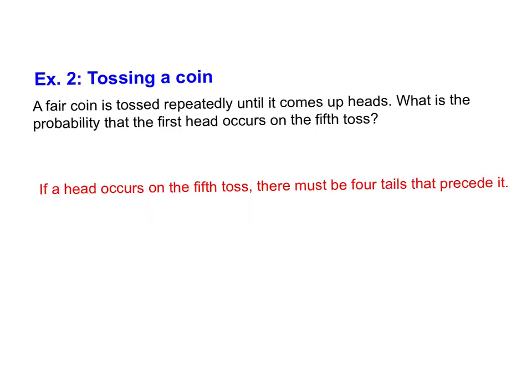Let's put this into action. We're going to toss a fair coin repeatedly until it comes up heads. What's the probability that the first head occurs on the 5th toss? Remember, if I'm getting it on the 5th toss, that means I have had 4 failures before I get a win.